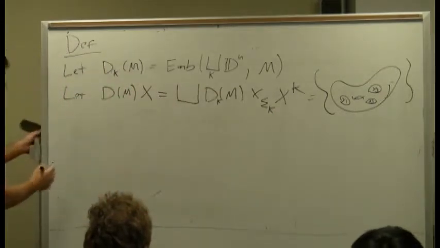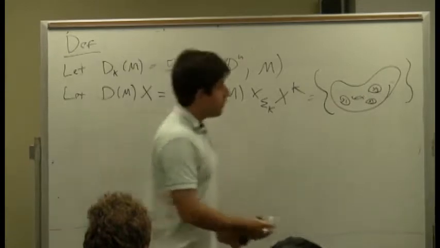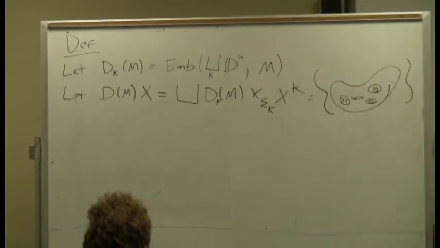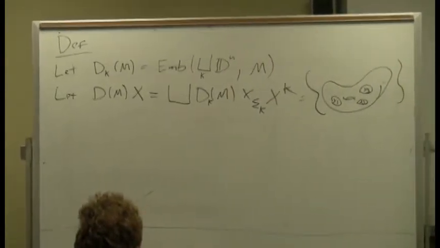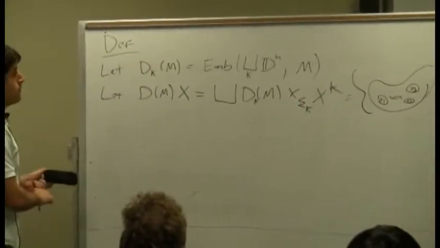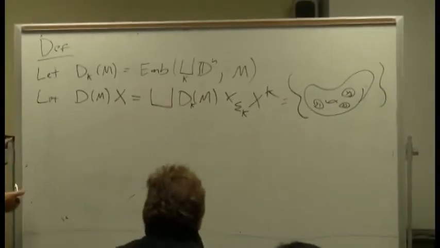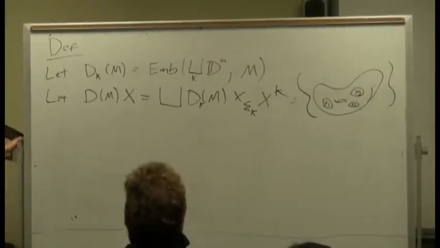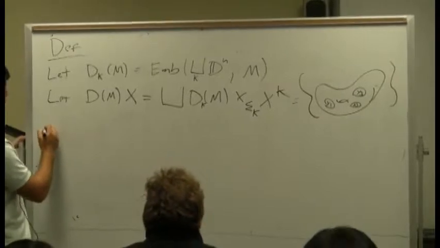Okay. And the definition of an E_n algebra, which is the algebraic structure that allows us to form this configuration space in higher dimensions, is the following.